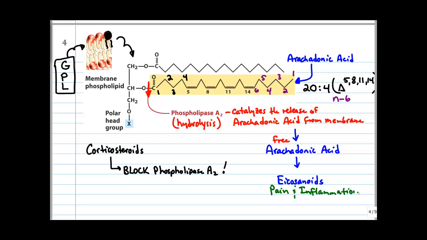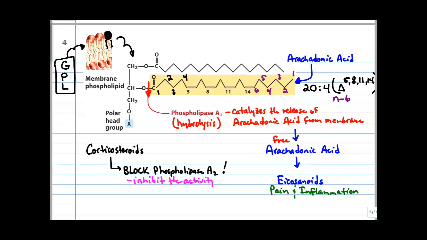Now, really our goal is to relieve pain or stop inflammation, and one way to do this is to prevent synthesis of these molecules called eicosanoids. How do corticosteroids have anti-inflammatory properties? They block phospholipase A2. They basically inhibit the activity of this enzyme. So phospholipase A2 can't work anymore.